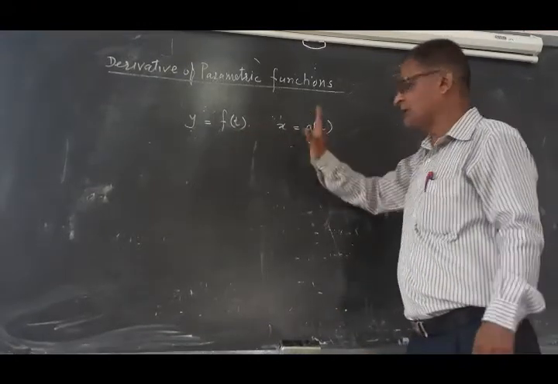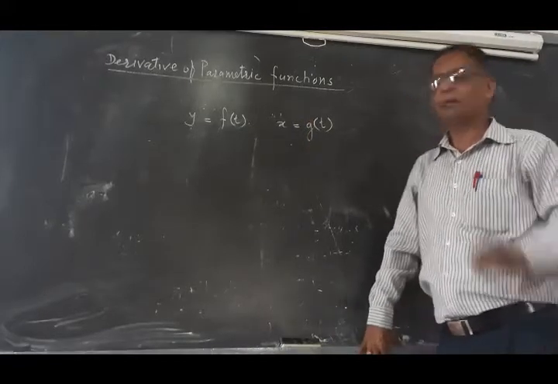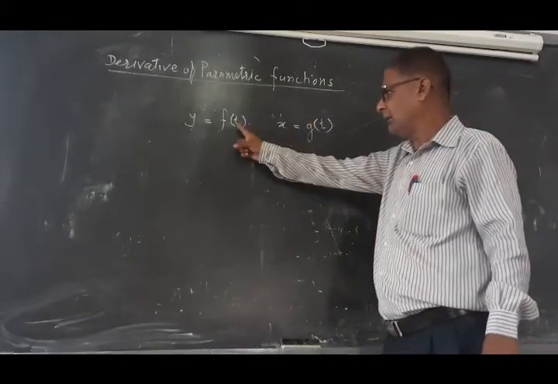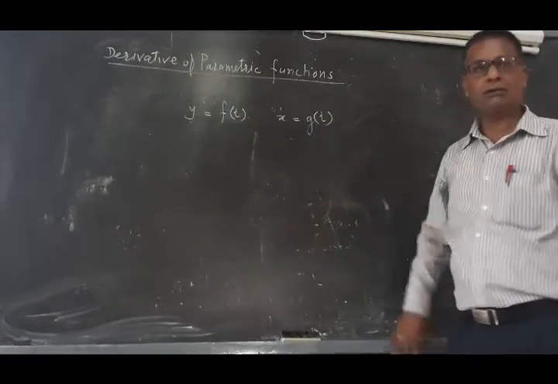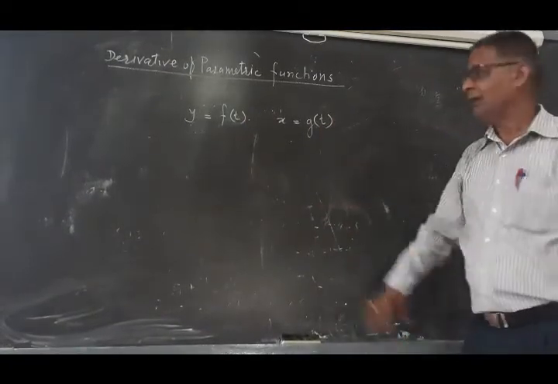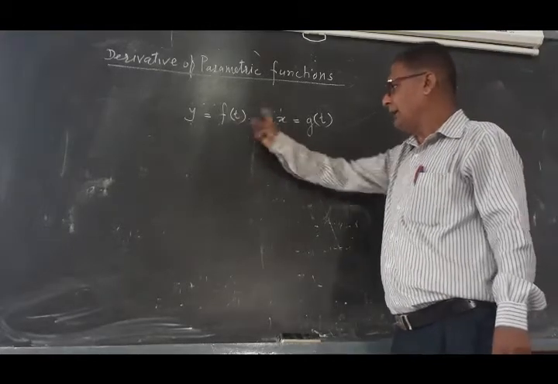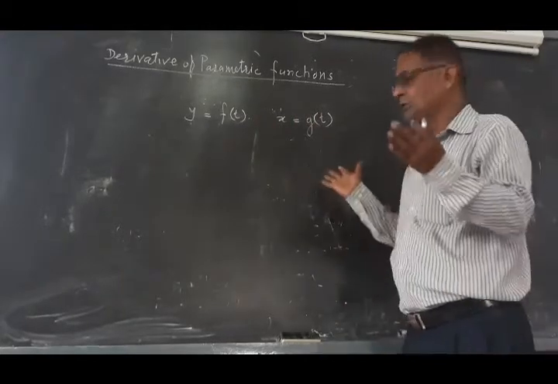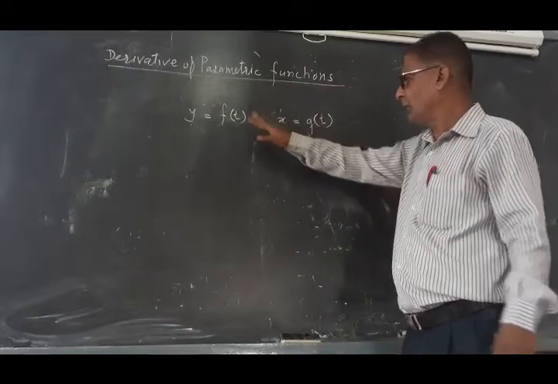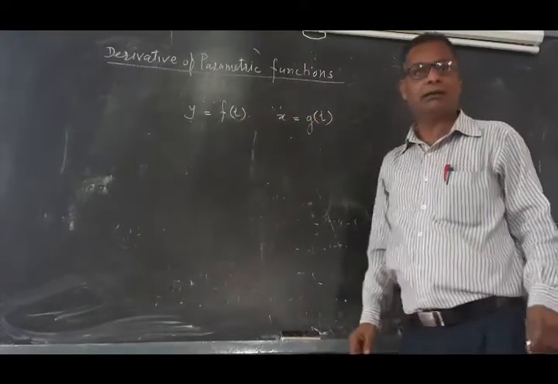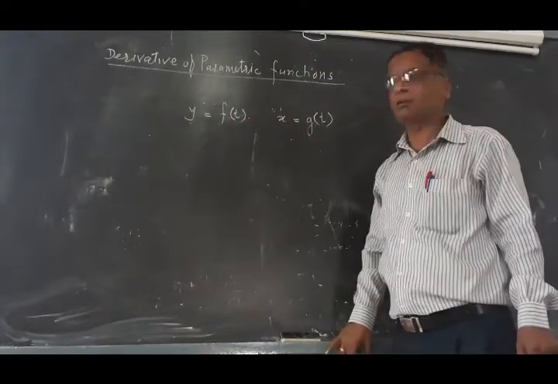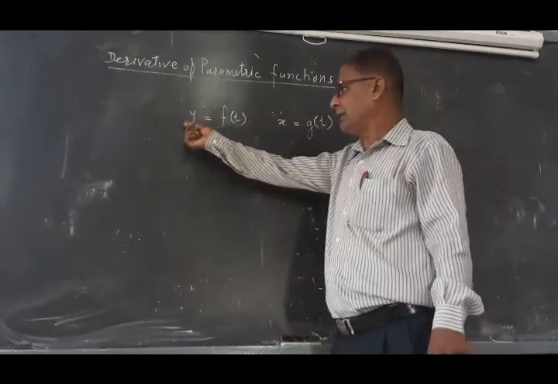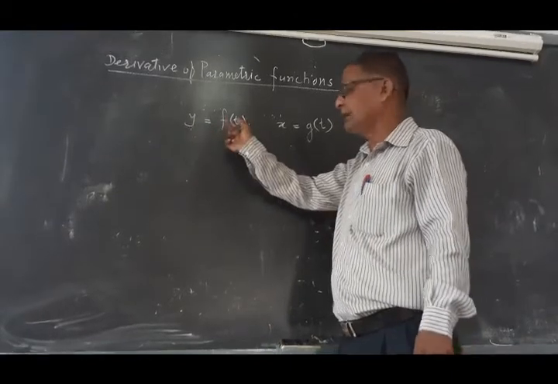Such a type of function is called a parametric function, and that t is called a parameter. The parameter makes the two functions different, so these functions are called parametric functions. To find the derivative of this type of function, first we find dy upon dt, because t is the domain.